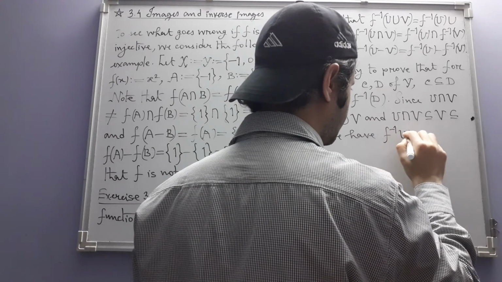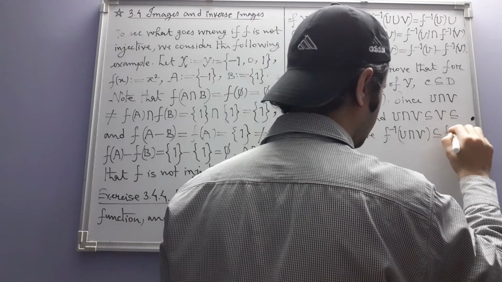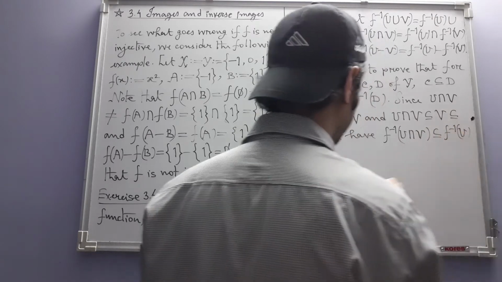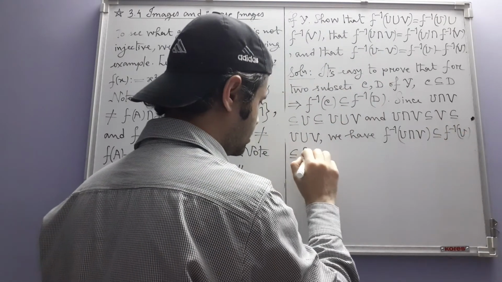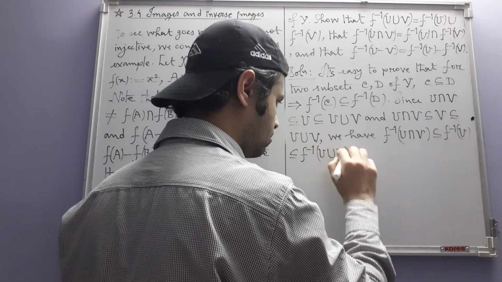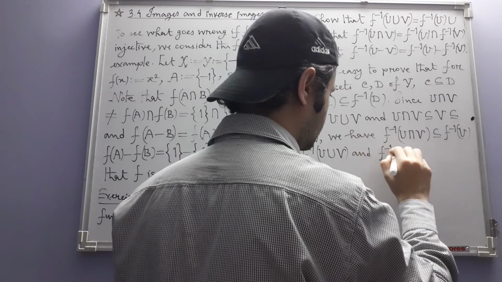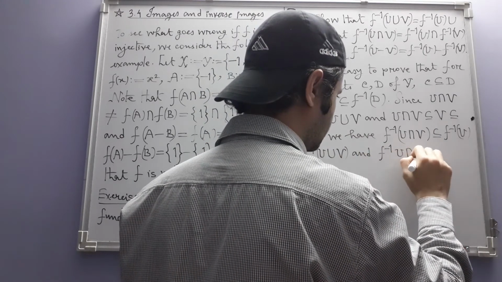F inverse of U intersection V is a subset of F inverse of U, that is a subset of F inverse of U union V, and this thing.